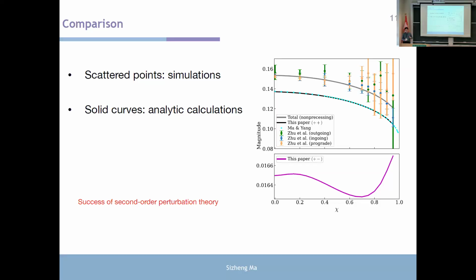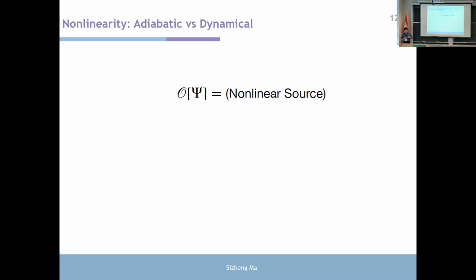All right, so that's the basic picture for the quadratic quasinormal mode. Let's take a step back and reveal the physical insight behind this. Schematically, the black hole dynamics is given by the Teukolsky equation driven by a nonlinear source.